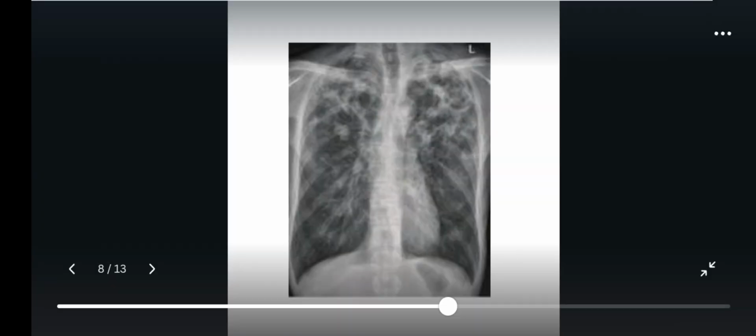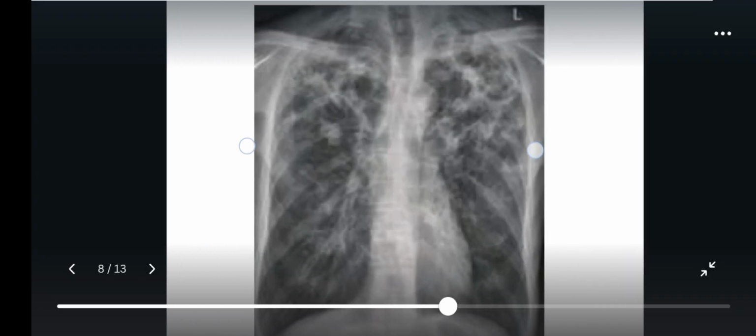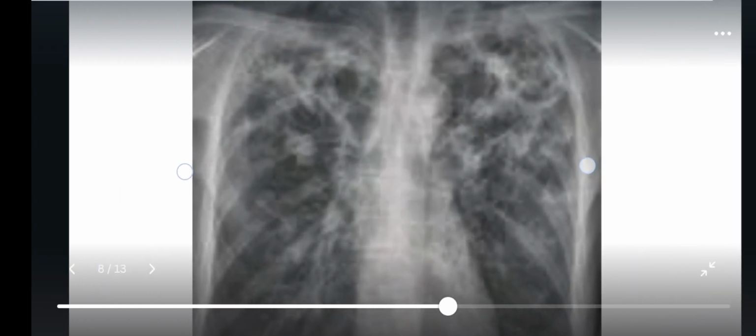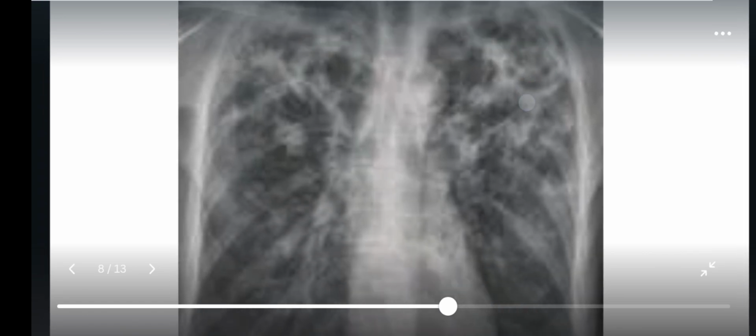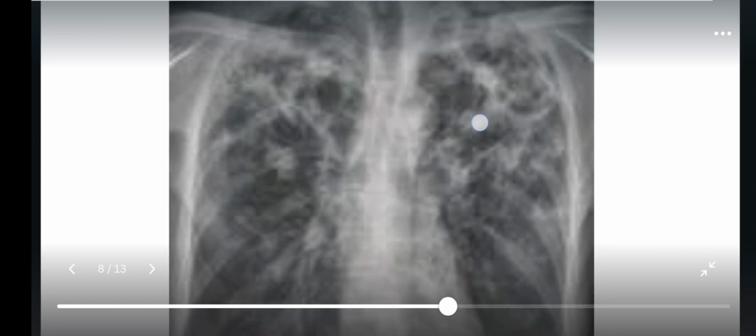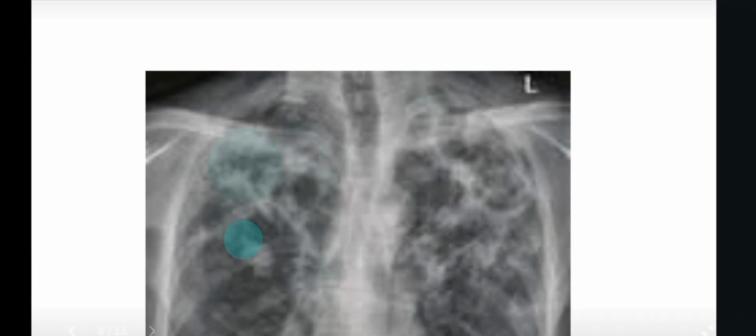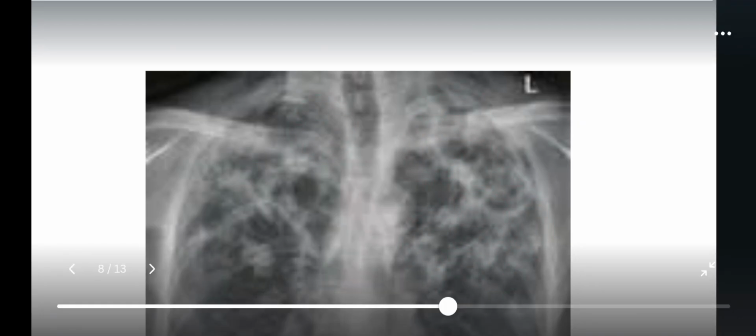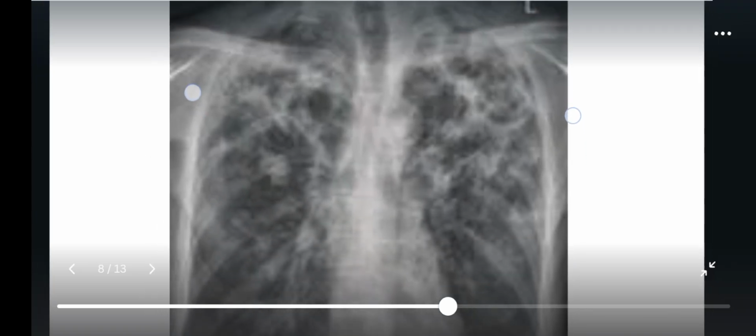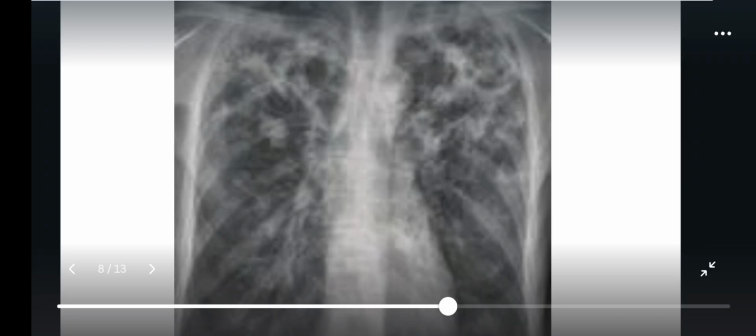This is a case of TB. So you can see signs. These are consolidation. You can see the whole diffuse consolidation in the lungs.